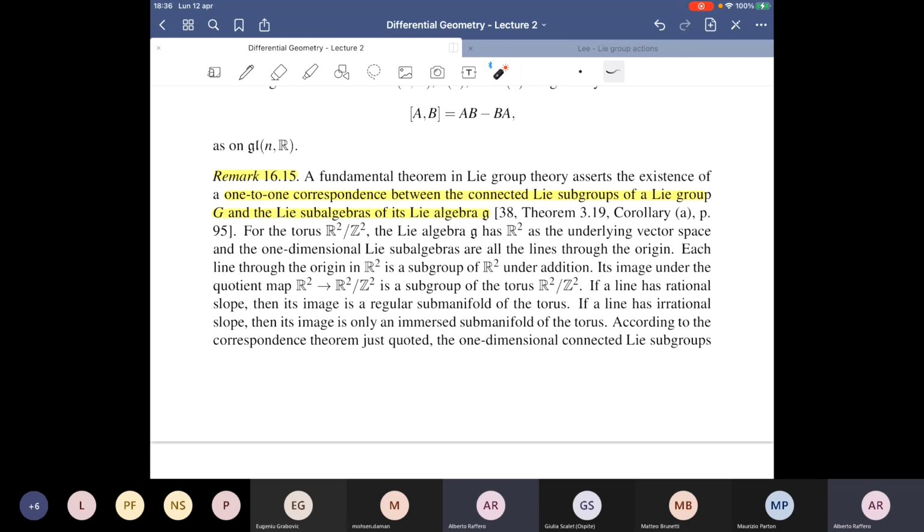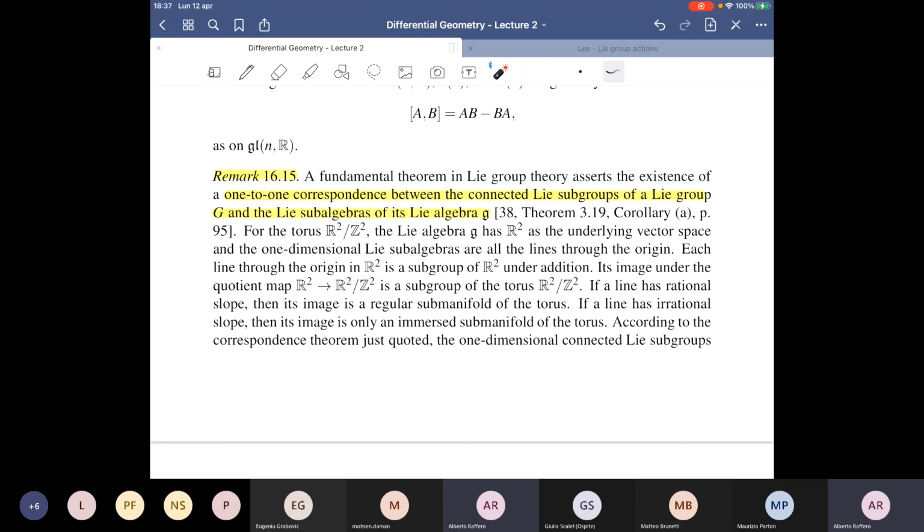So the point is that the one-dimensional Lie subalgebras of the Lie algebra of the torus are the lines through the origin. And as we saw before, each line through the origin can be thought of as a subgroup of R2 under the addition, and the image under the quotient map is a subgroup of the torus. And again, if the line has rational slope, then the image is a regular submanifold of the torus.